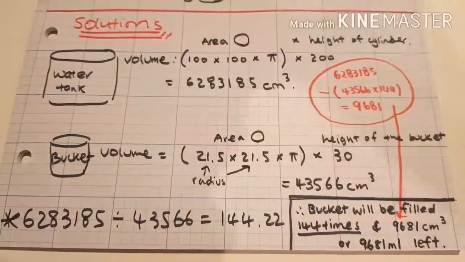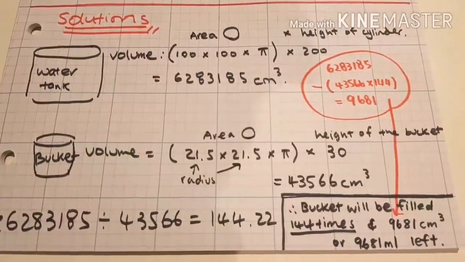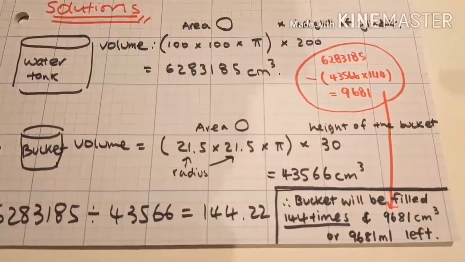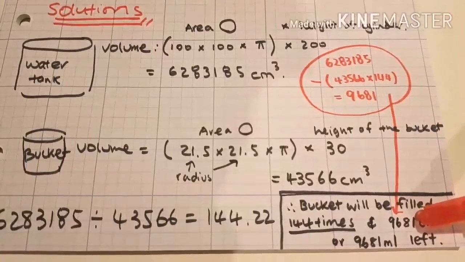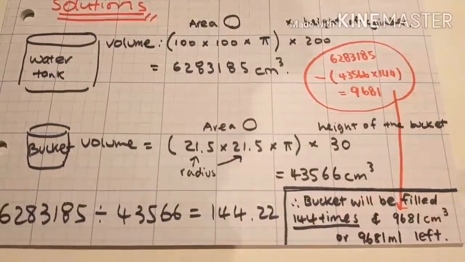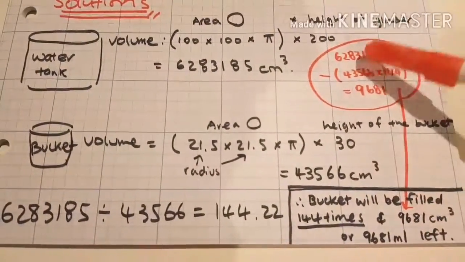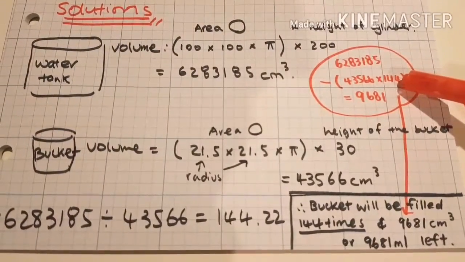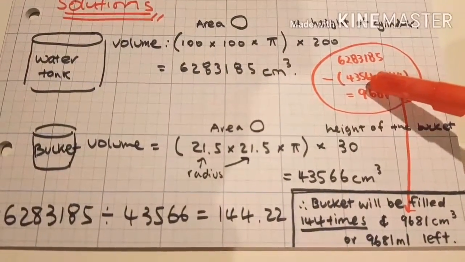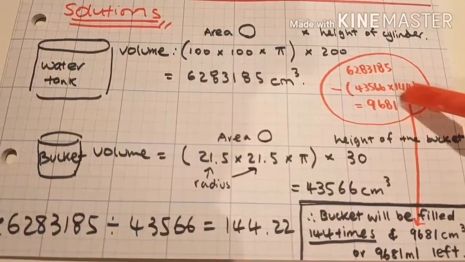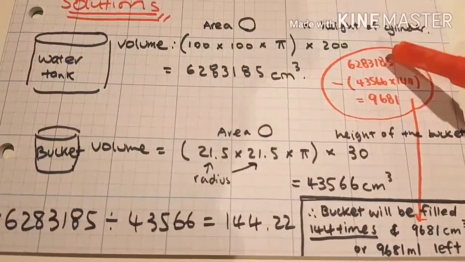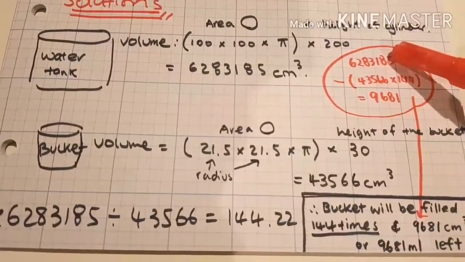Sorry, I did not have a calculator right in front of me, so I could not show you the exact value. But as you can see, you're trying to find the leftover by filling 144 times with the bucket. So you multiply the volume of the bucket by 144, okay, and subtract that number from the volume of the water tank.